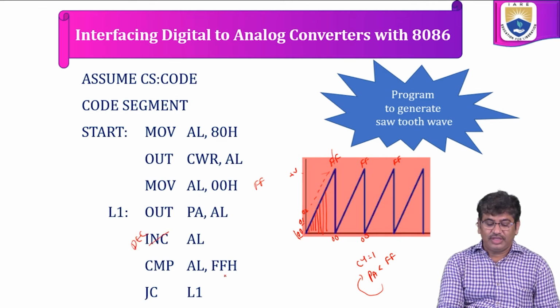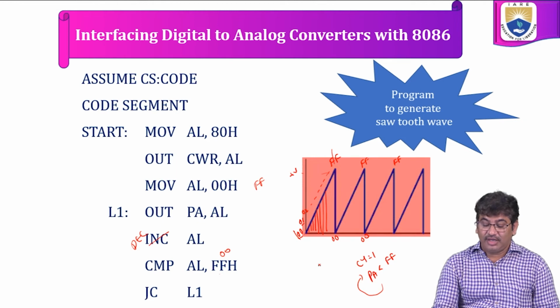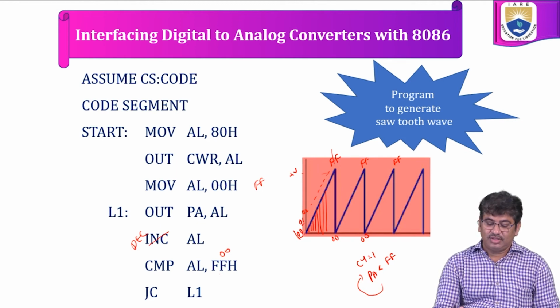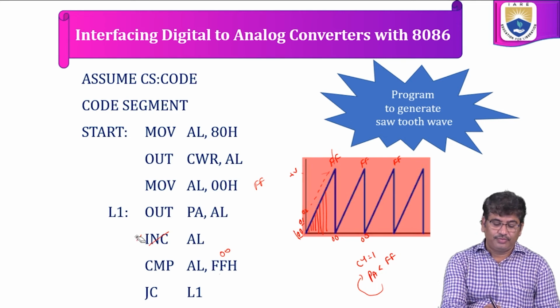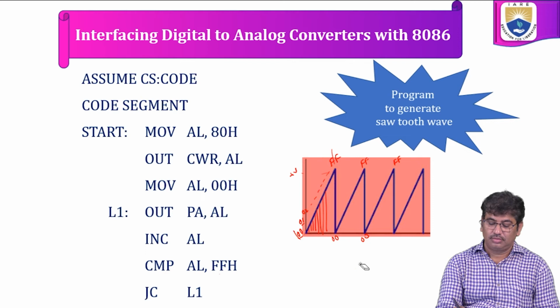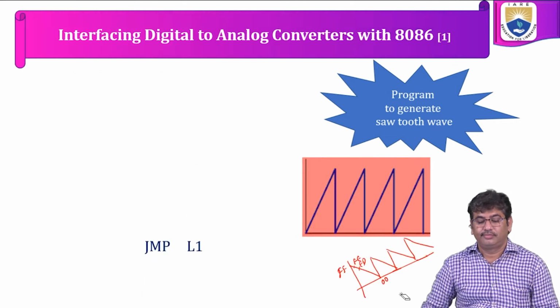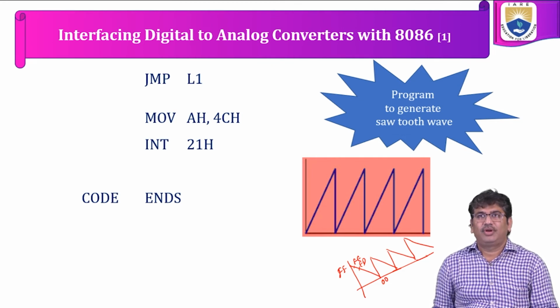Instead of comparing with FF, we have to compare with 00H. These three steps we have to take for generation of the sawtooth waveform in the declining manner. So JMP L1 is for continuous iteration of the loop, so that we are going to generate n number of pulses.